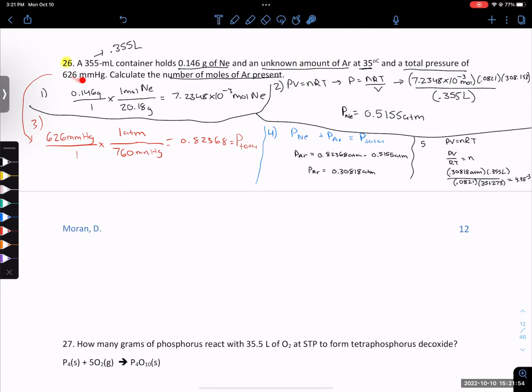So you use PV equals nRT with the total pressure, and then you found the moles of the total. And then you subtracted. Yeah, that works. That's so much easier.